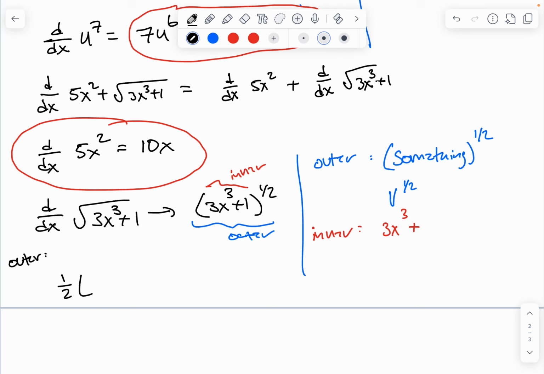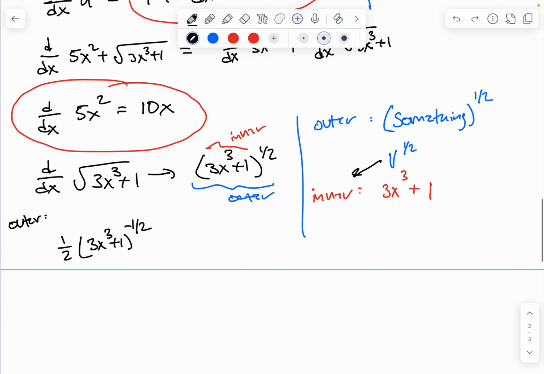Oh, my bad. I forgot the plus 1 there. So v is just the inner. So 1/2 times 3x cubed plus 1 to the minus 1/2. The reason this is minus 1/2 is, again, power rule: bring it down to the front and then subtract 1. So 1/2 minus 1 is negative 1/2. Then we multiply this by the inner one, sorry.